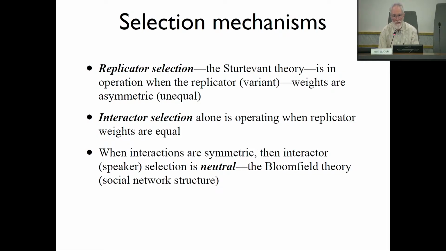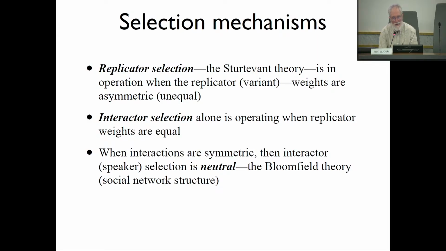So now I'm going to introduce some terms that are more in the kind of biological terminology that I introduced here last week. So the Sturtevant theory corresponds to what we would call replicator selection. This is in operation when the replicator, a linguistic variant, has weights that are asymmetric or unequal. So we favor one variant over the other. And the presumption behind this is that it's because of some social valuation that we assign to one variant over another.